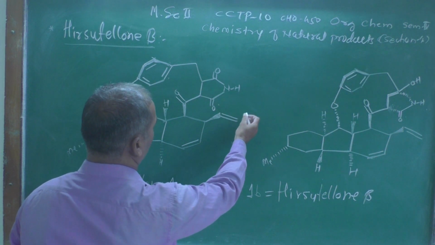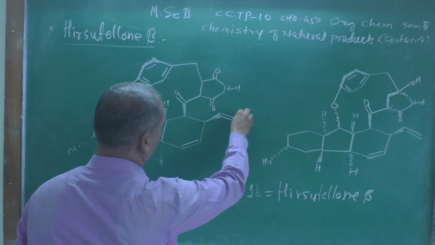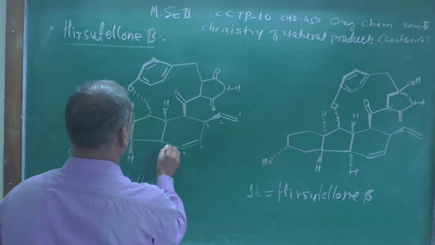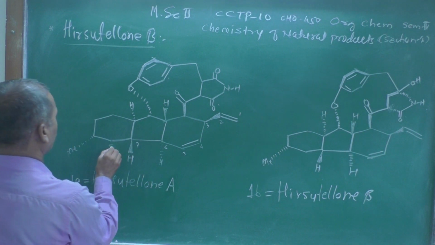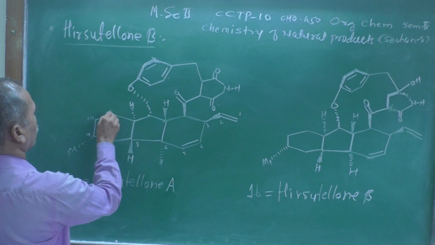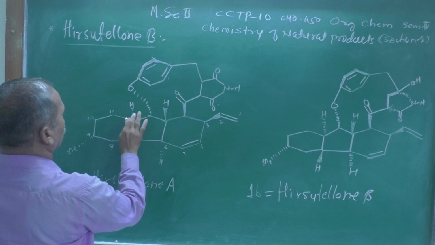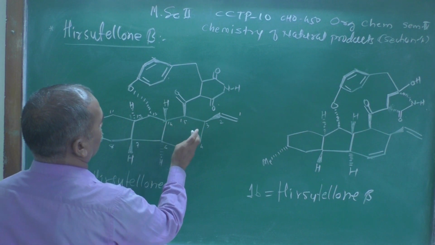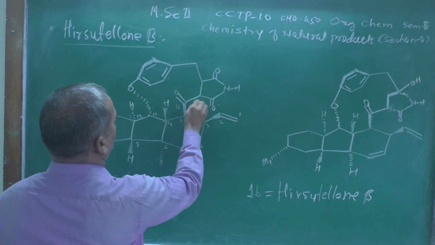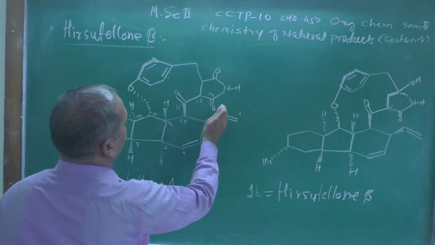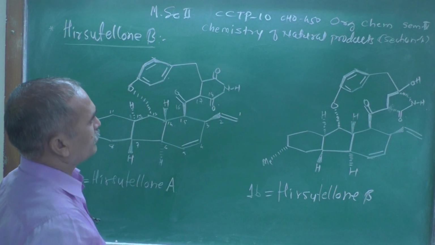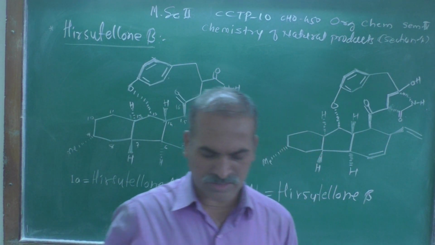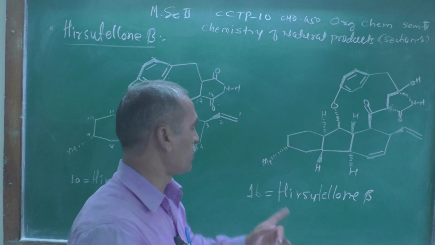So this is the olefin, they have started numbering from this side: 1, 2, 3, 4, 5, 6, 7, 8, 9, 10, 11, 12, then 13, 14, 15, 16, 17, 18, and up to 18 they have given, then 19, 20 like this only. This is the numbering system.